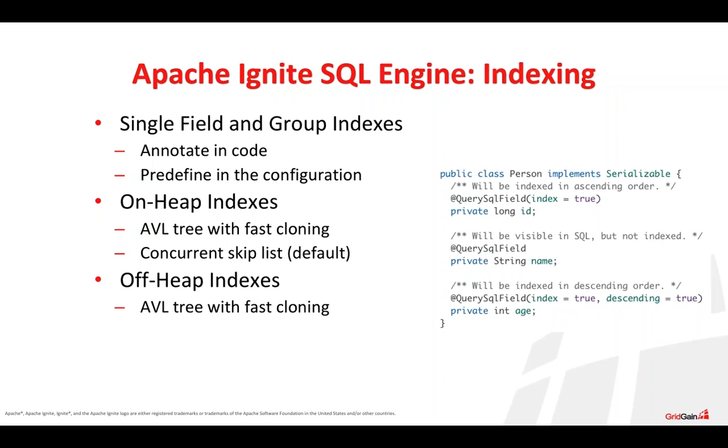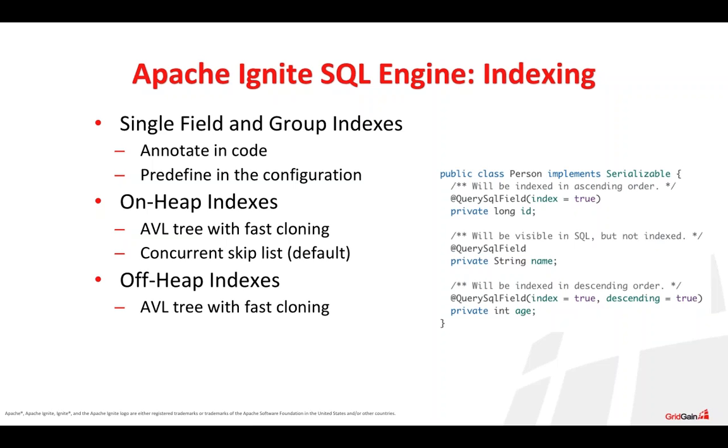So first of all, it is worth mentioning that the SQL engine makes it feasible to define both single field and group indices. As shown in the code example on the right of the slide, the first approach to define your indexes is to annotate the fields of your data model objects.